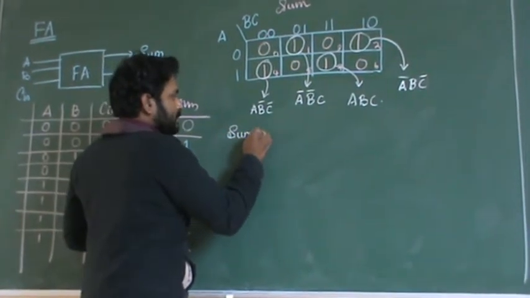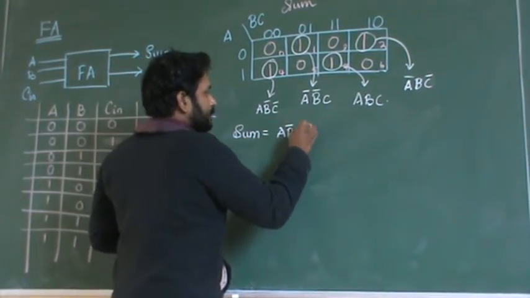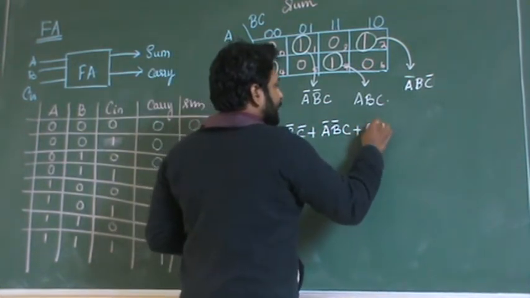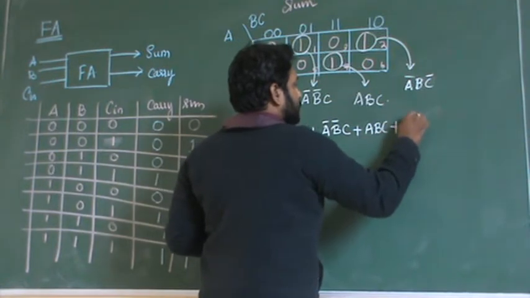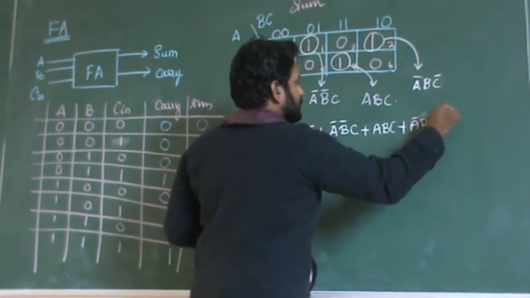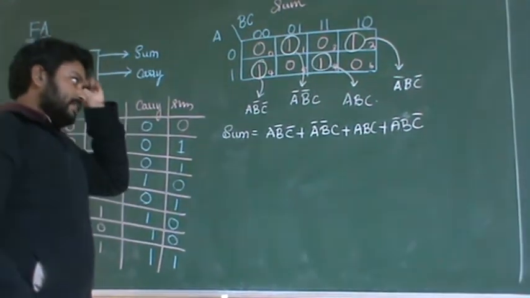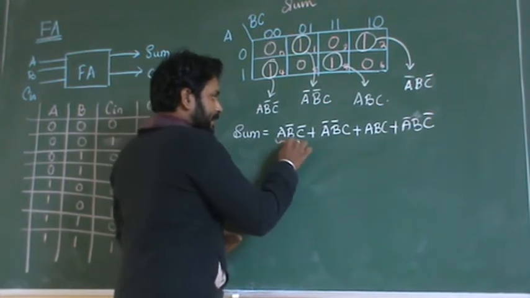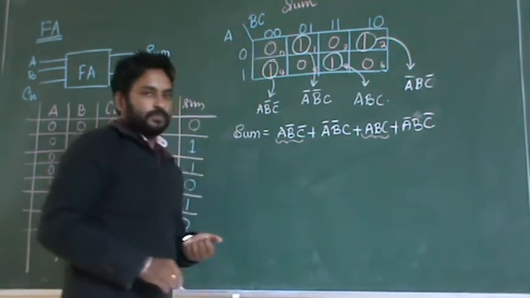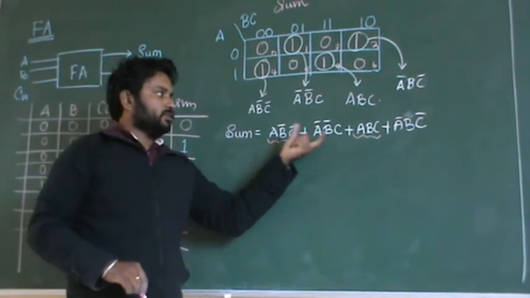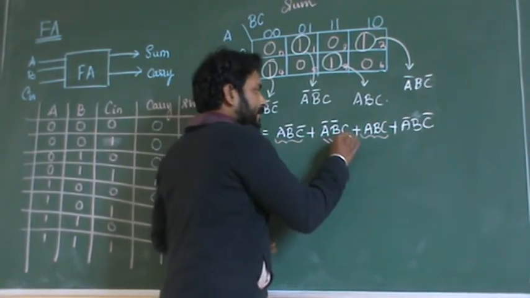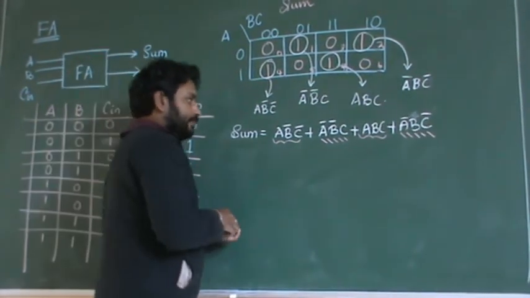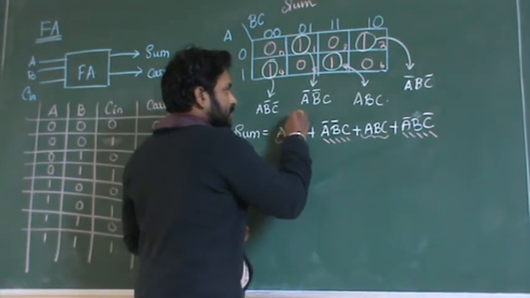So let me write down: sum is equal to A into B bar into C bar plus A bar into B bar into C plus A into B C plus A bar into B into C bar. Now if I consider this, I can take A common from two terms, and A bar common from the other two terms.